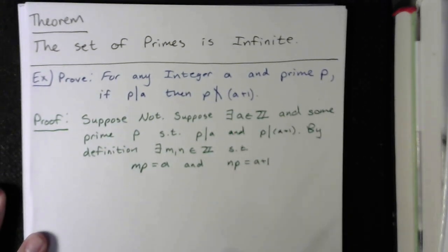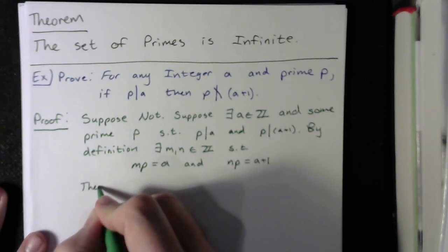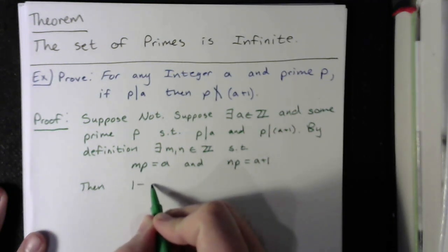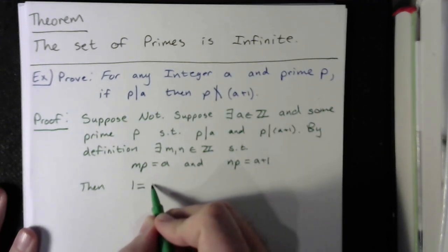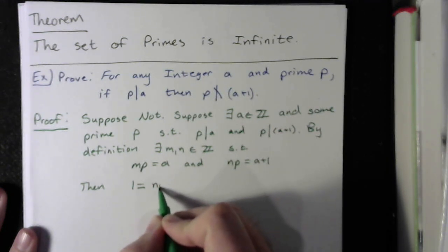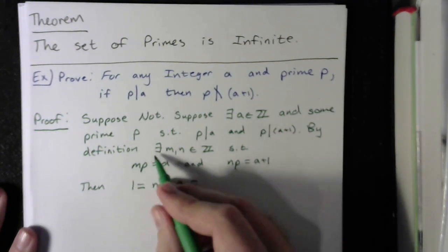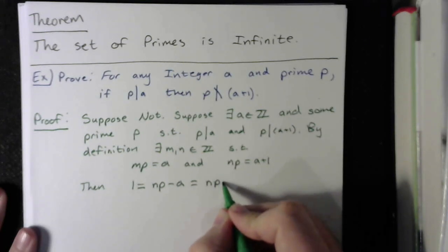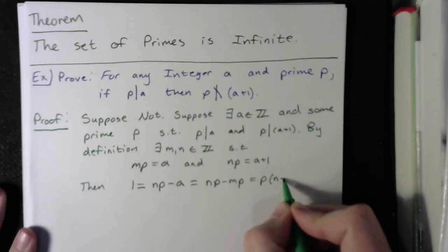So we're going to use this right one here, and this gives us, if we subtract the a over, 1 equals np minus a. And then using this for a, we have this equals np minus mp, and we got that prime sitting there that we can factor out, n minus m.